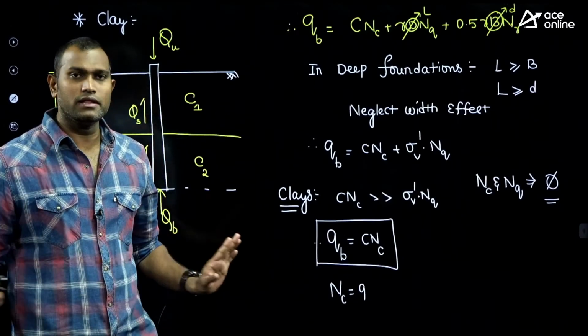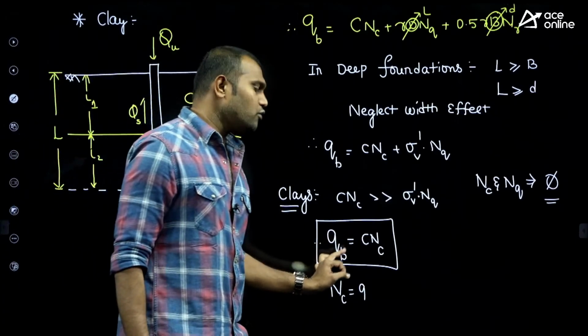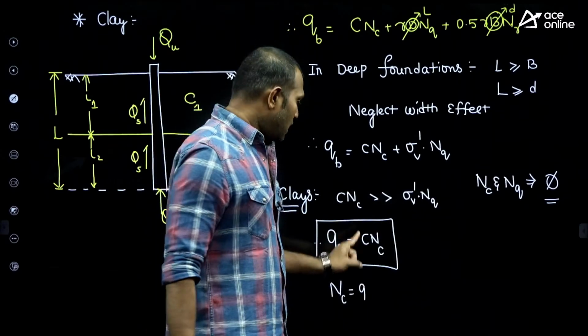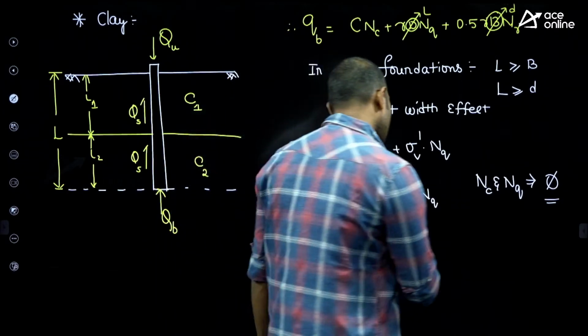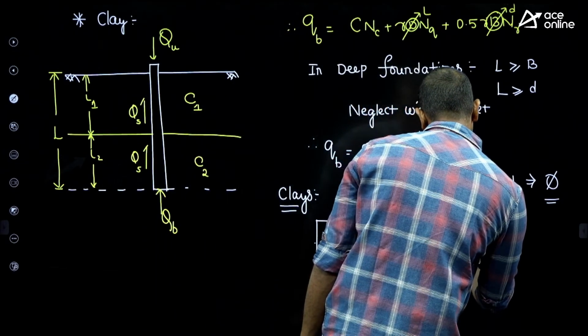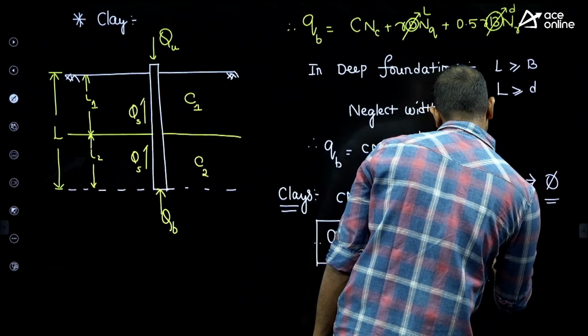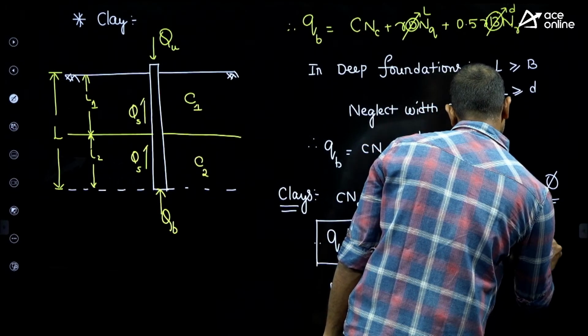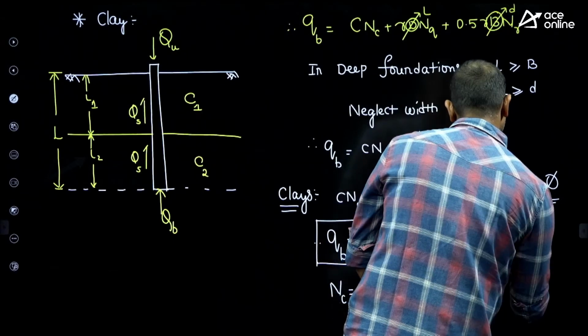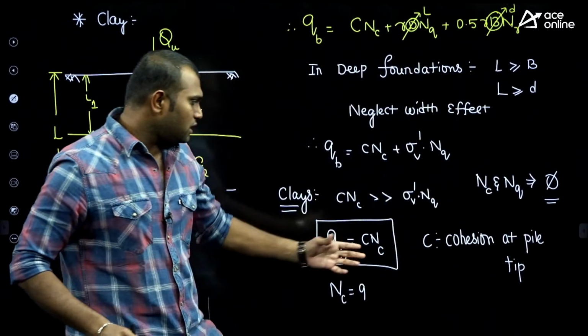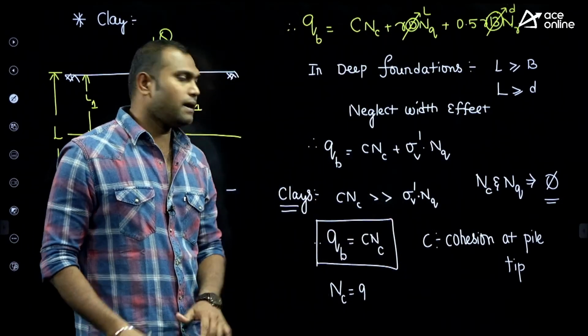There is no ambiguity in that. Simply, you can write QB as 9C. And what is this C, sir? That C is nothing but the cohesion at the pile tip.